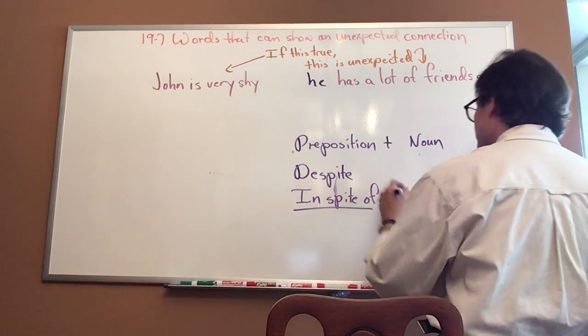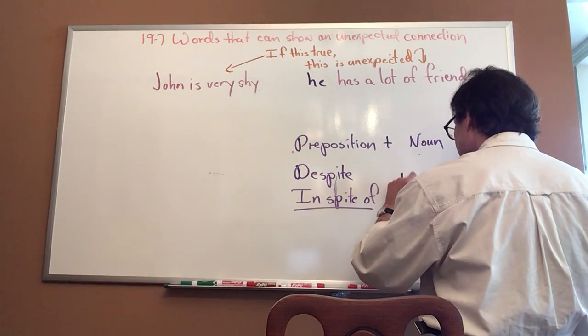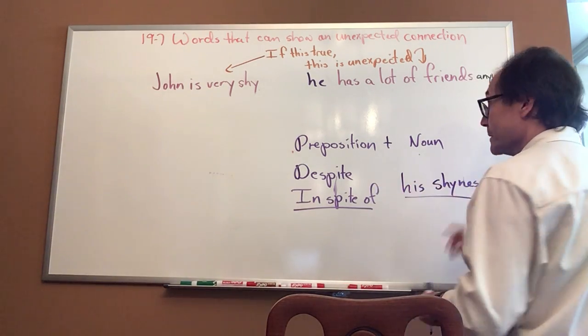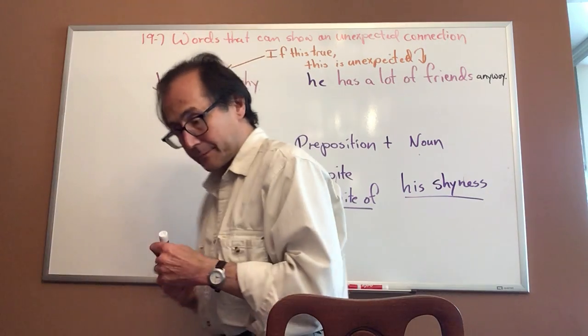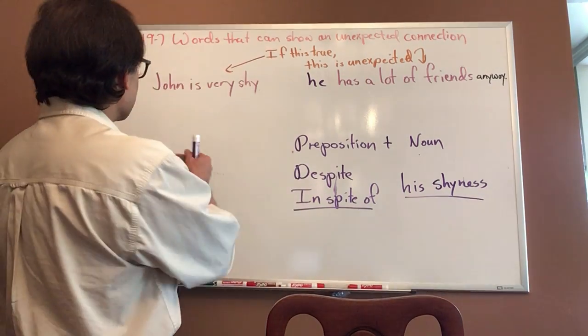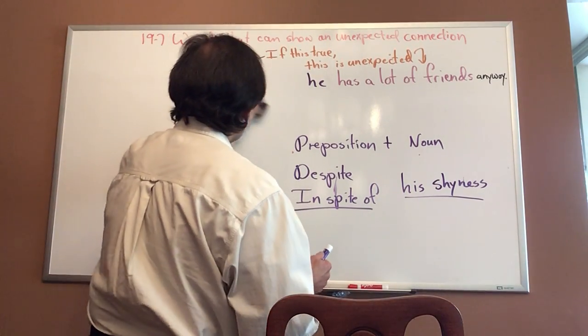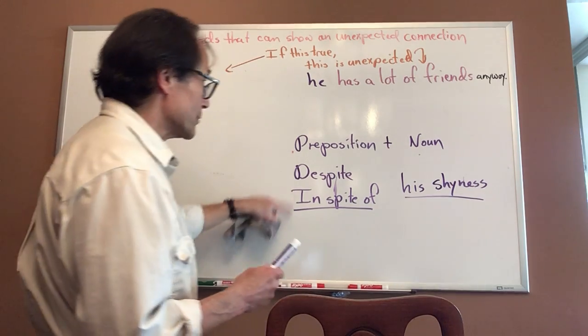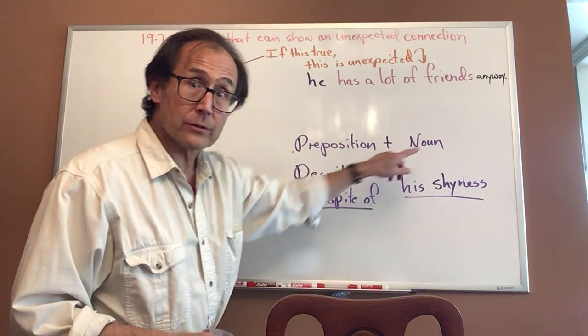So here, who is shy? Well, it's John, so I could say his shyness. So I could also say here, I don't use these with the subject verb, I just have a noun.